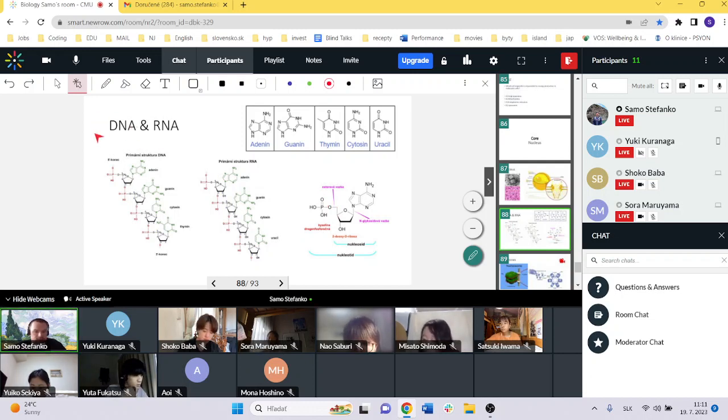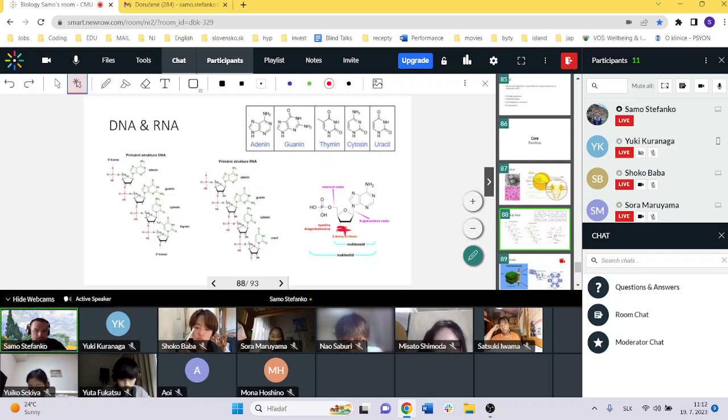DNA is an abbreviation of deoxyribonucleic acid. If we remove this OH group, we get RNA.